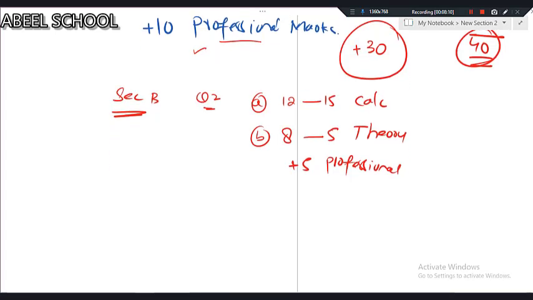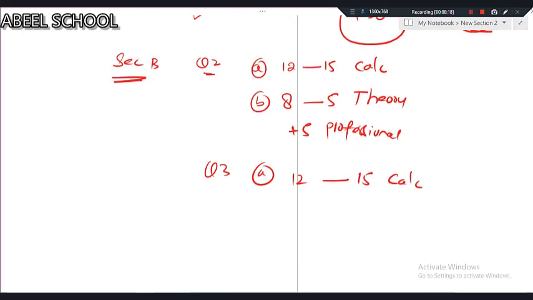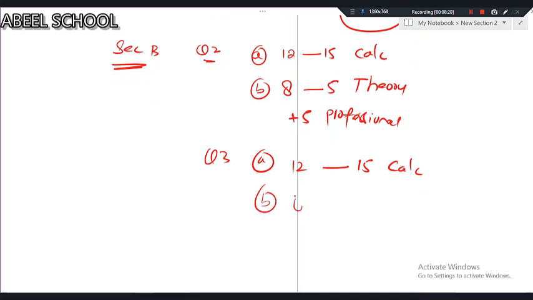Exactly the same pattern is on question 3. The calculation part ranges between 12 to 15, and then the theory part ranges between 8 to 5. Again, you will be having 5 professional marks.